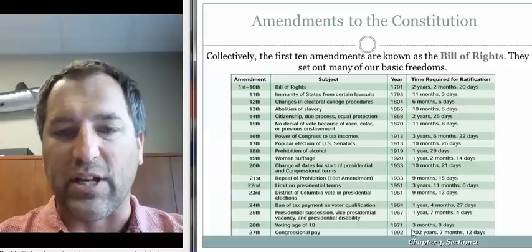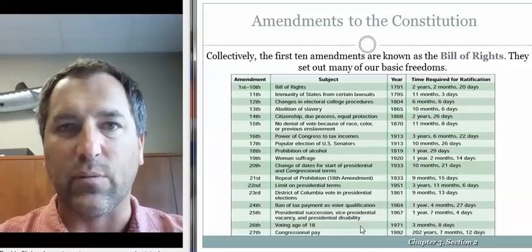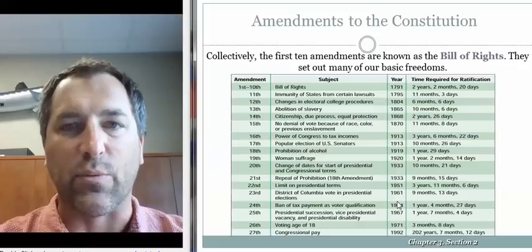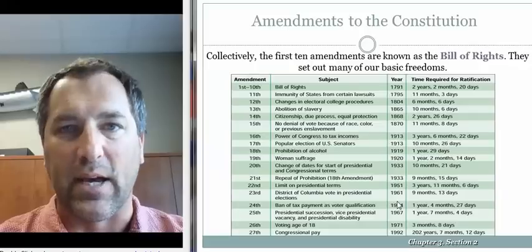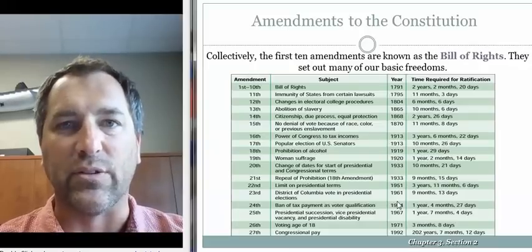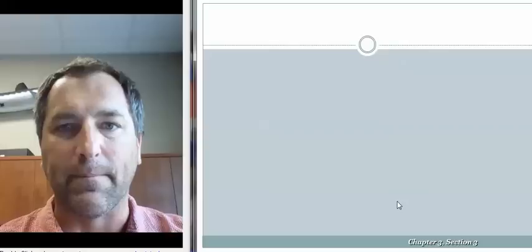Voting age at 18, which passed in 1971 due to pressures during the Vietnam era. So you can see by looking at the year that the amendment was ratified what type of atmosphere was going on, why that amendment would be approved at that time. So look that over and give it some thought.